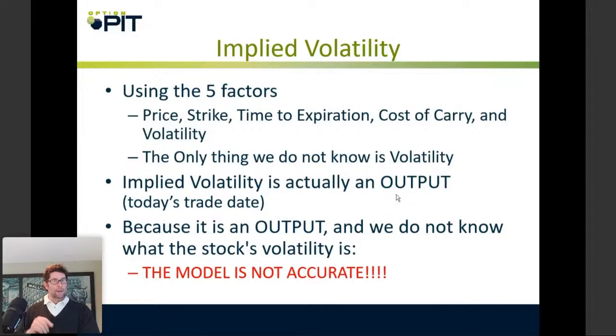So implied volatility becomes a tradable thing because by its nature, it is not 100% accurate. It is accurate to the price of the option, but it is not accurate based on how much you think the stock is going to move over a period of time. It's telling you what the market's paying, but that number might not be close to being accurate. It can be literally anything in the future.